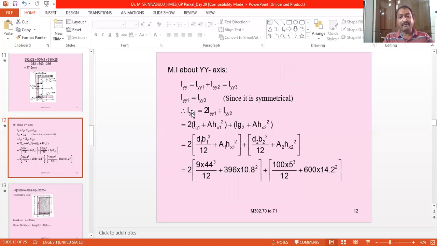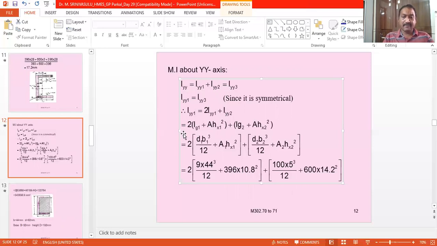So we will write only the equation of 1 and equate it. Iy3 is also equal to Iy1. So this equation becomes Iy is equal to 2 into Iy1 plus Iy2, because these two are equal.